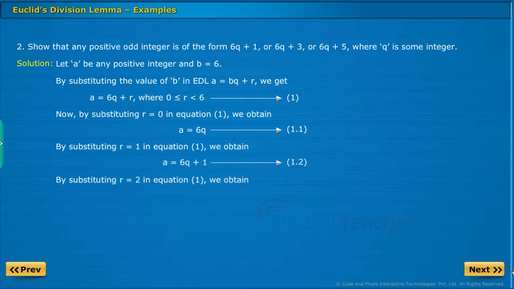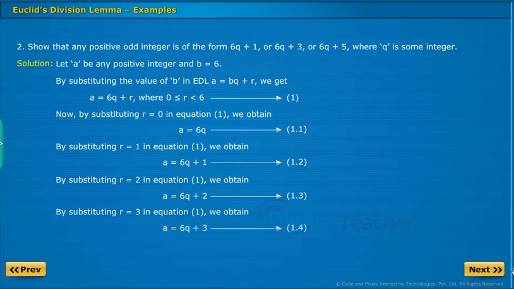By substituting r equal to 2 in equation 1, we obtain a equal to 6q plus 2. By substituting r equal to 3, we obtain a equal to 6q plus 3. By substituting r equal to 4, we obtain a equal to 6q plus 4.